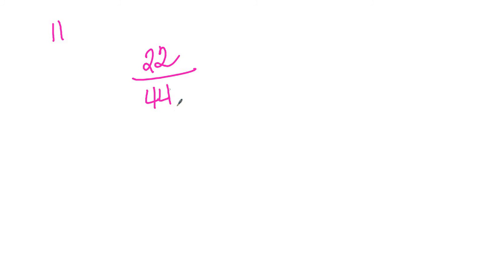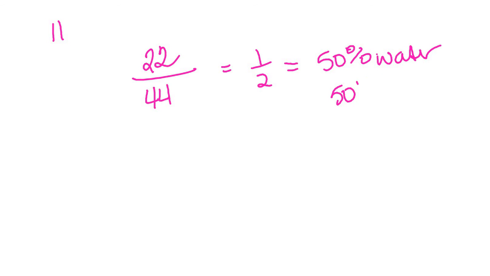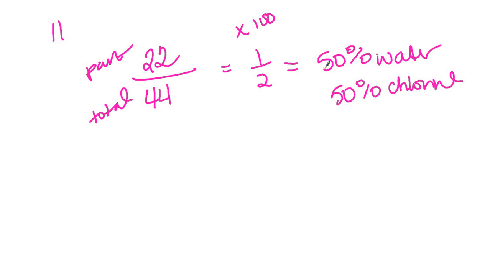That's going to give you 1/2, which we know is 50%. So 50% is water, and that means 50% is chlorine. You're just taking the part out of the total, and then you'll multiply by 100 to get your 50%.